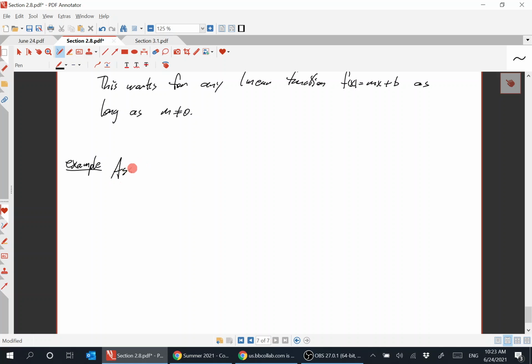So assume the function f of x equal to, let's just do x over x minus 1 is one-to-one. Find f inverse of x.